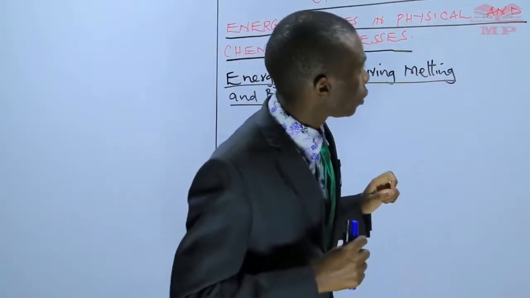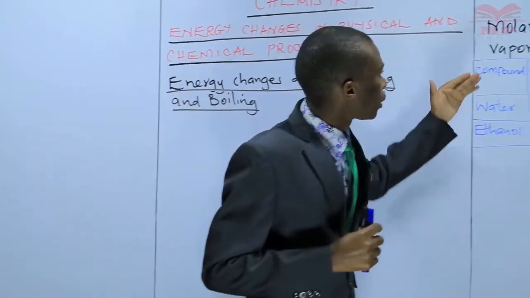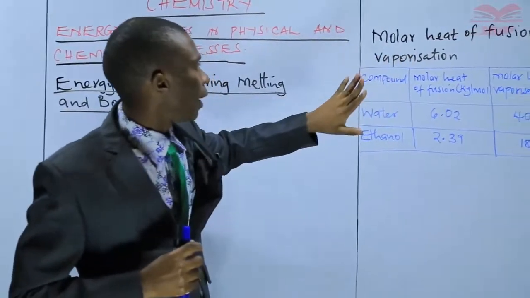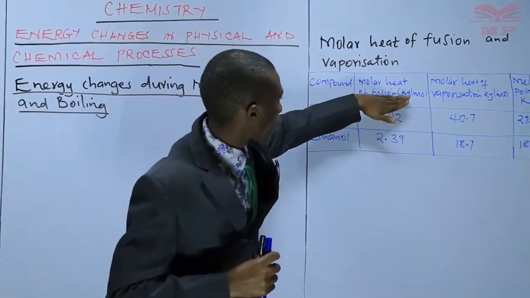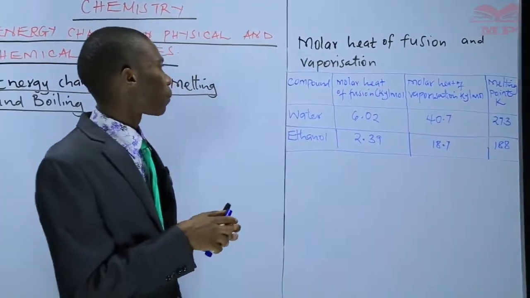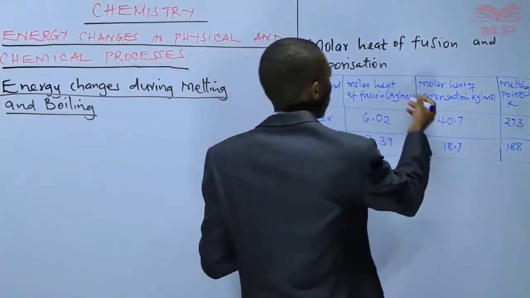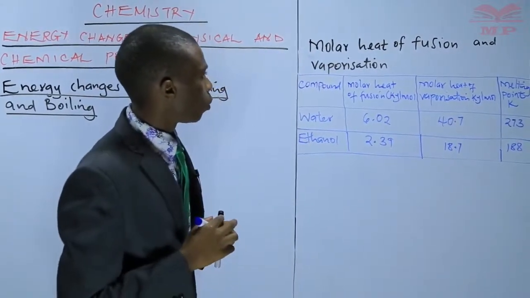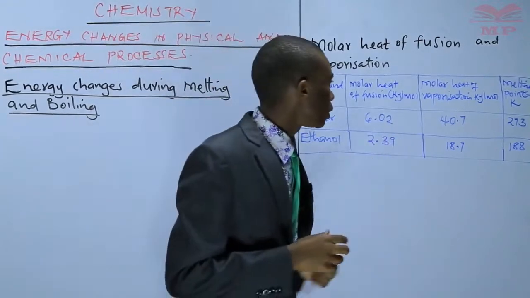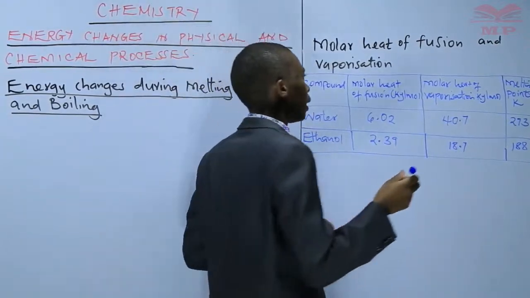With me, I have 2 examples. These are the molar heat of fusion and vaporization. So we have the compound, the molar heat of fusion, which is measured in kilojoules per mole. Then you have the molar heat of vaporization, again measured in kilojoules per mole. And you have the melting point, which is in Kelvin.